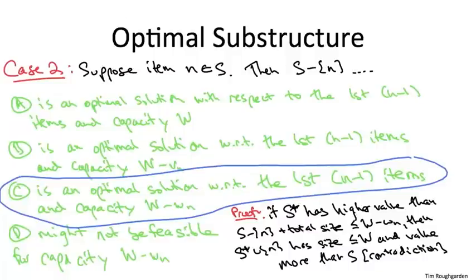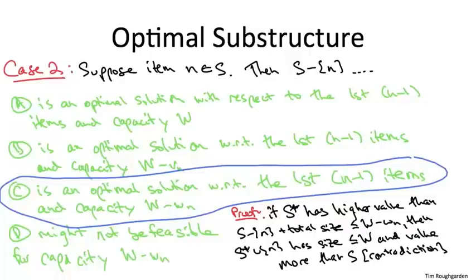And if S star had more value than S with n removed, then S star with n included has more value than S. For example, if S had total value 1100, 100 of which was coming from the nth item, then S with n removed had value 1000. If S star was better, it had value 1050. Well, then we just put n back in and it has value 1150, which contradicts the purported optimality of S, which had total value merely 1100.